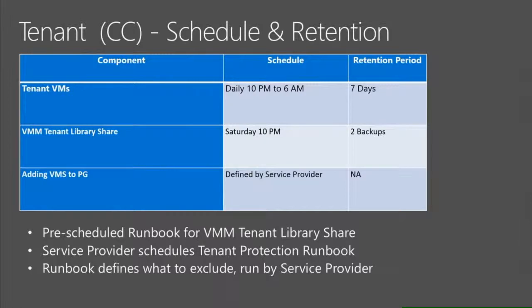How does it look on the tenant side? On the tenant side, we actually need a lot of coordination. Why is that? When you think about the scale that I mentioned before, we tested up to 2,000 VMs per rack. That means we're deploying multiple Data Protection Manager instances to be able to protect that number of VMs.